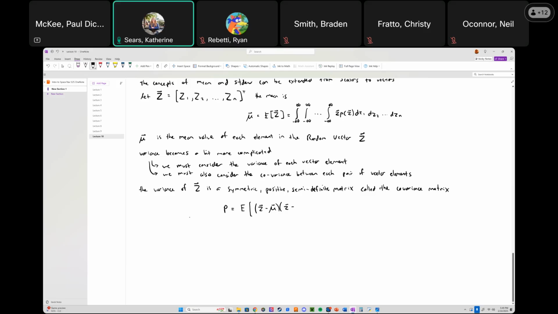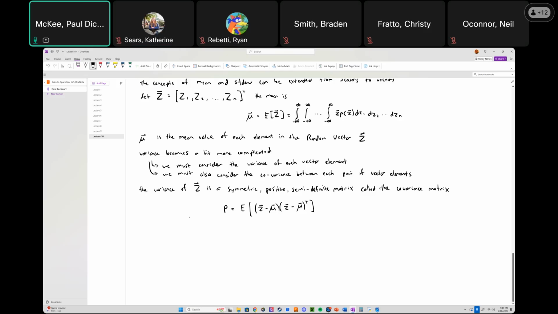And semi-definite means that it's possible that it's not completely defined. So some of the vectors could be linear. Yeah, that's pretty much right.